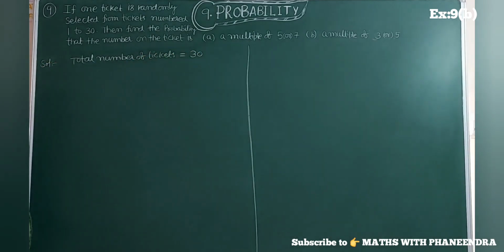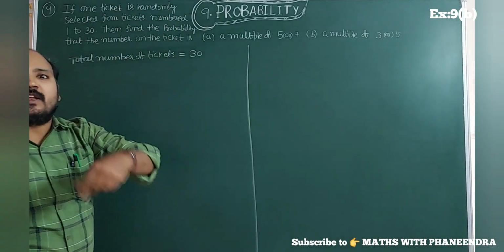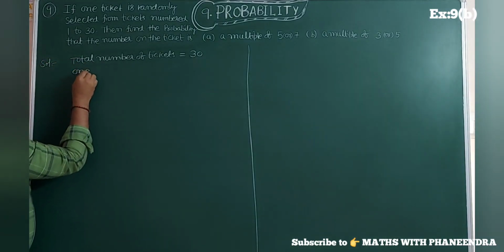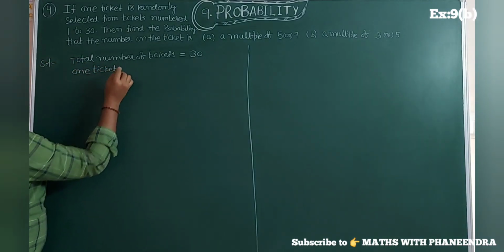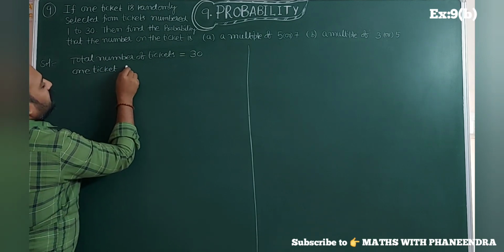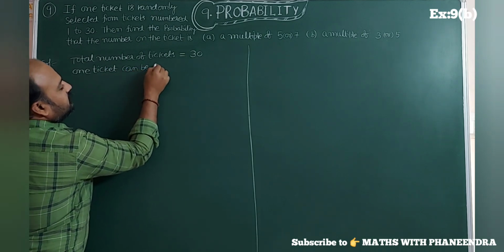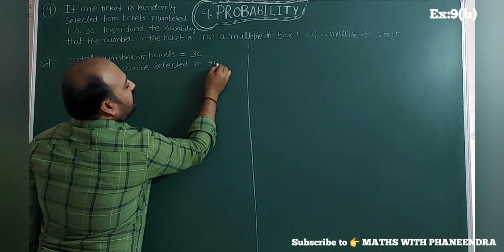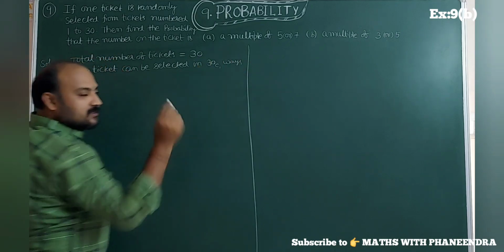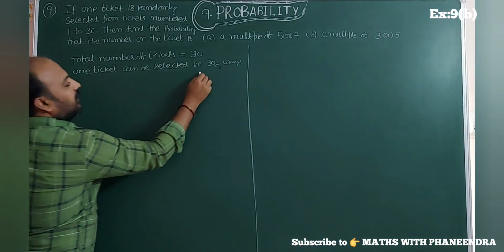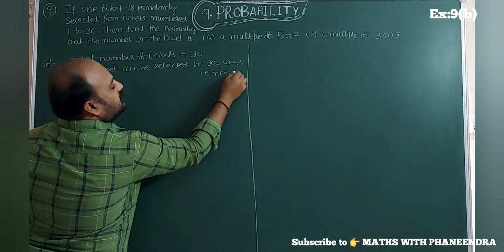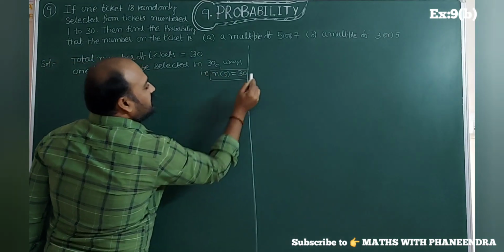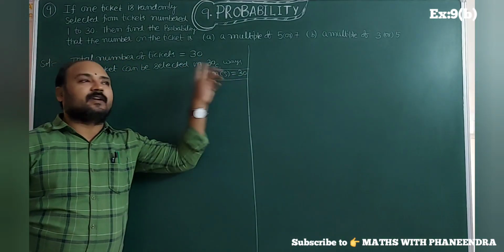Out of 30, one ticket can be selected randomly, so one ticket can be selected in 30C1 ways. That means N of S is equal to 30C1, which means 30. Keep in mind, dear students, N of S is 30C1, that is 30.